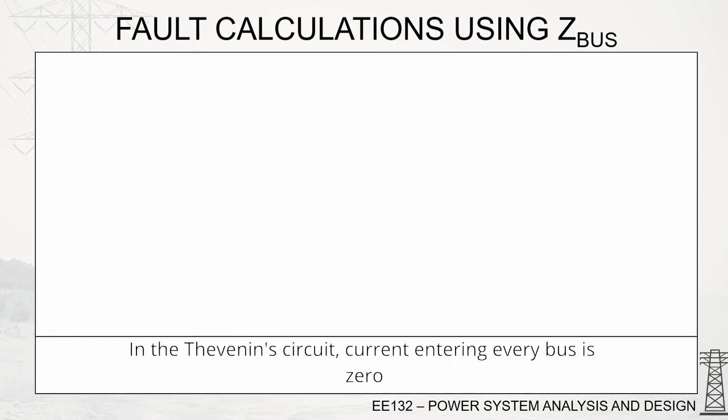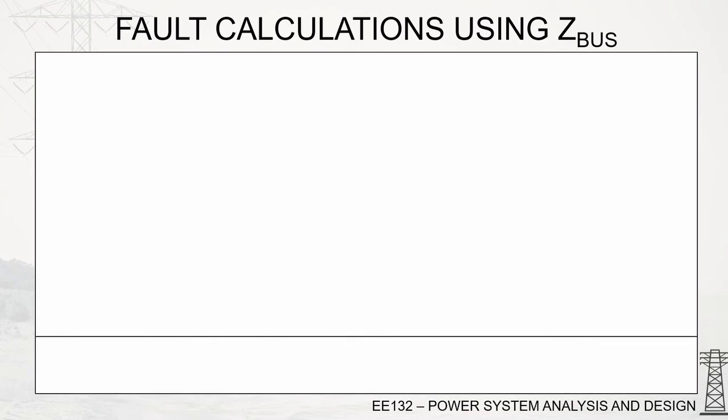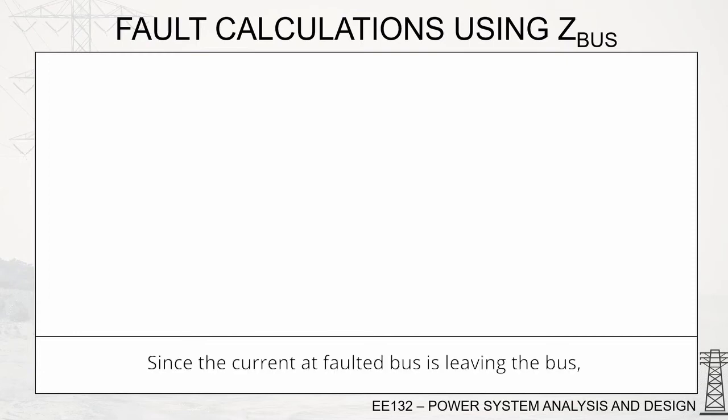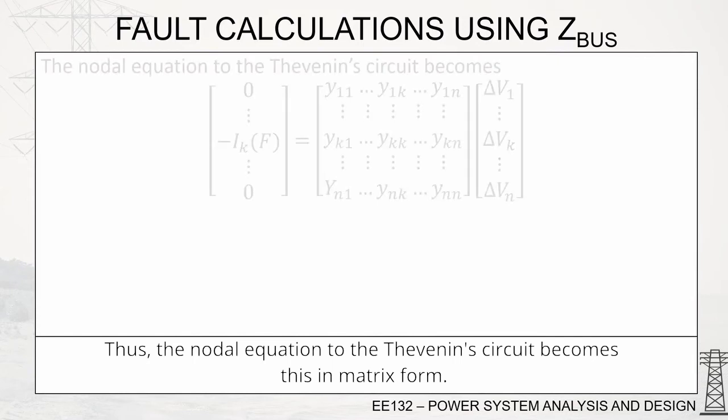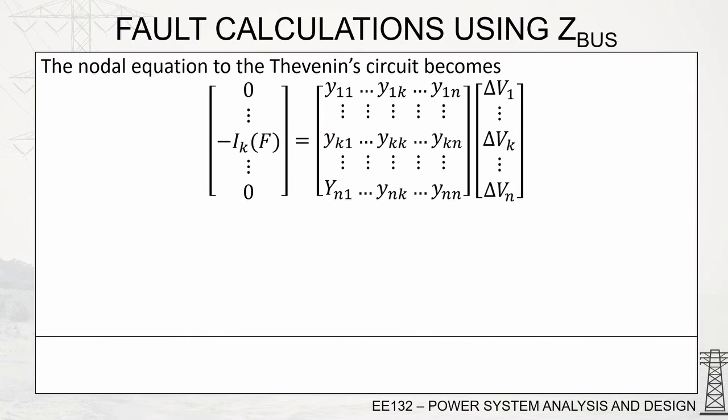In the Thevenin circuit, current entering every bus is 0 except at the faulted bus. Since the current at the faulted bus is leaving the bus, it is taken as negative current entering bus K. Thus, the nodal equation to the Thevenin circuit becomes this in matrix form.